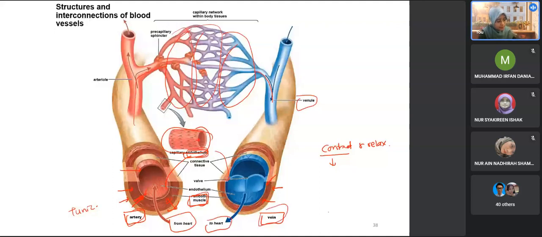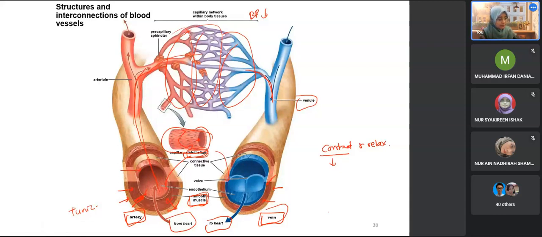Because the blood has flowed a very long distance from artery into blood capillaries, the blood pressure will reduce. So the blood that flows into the venule will flow at low pressure compared to the blood that flows in the artery. The blood that flows in the artery is with high pressure sebab dia baru datang daripada jantung.